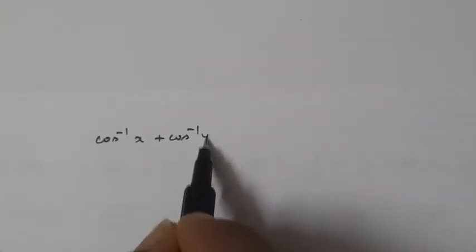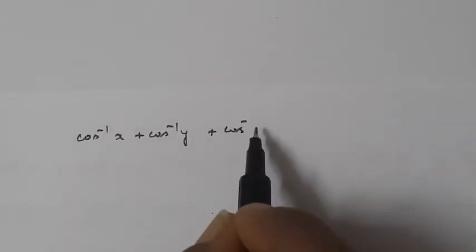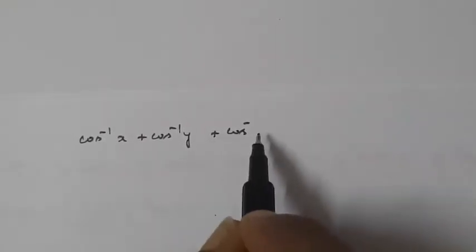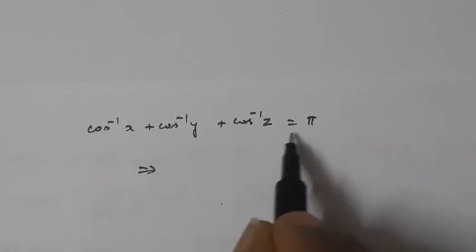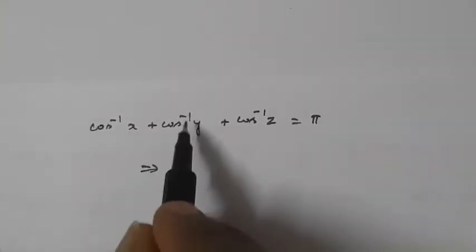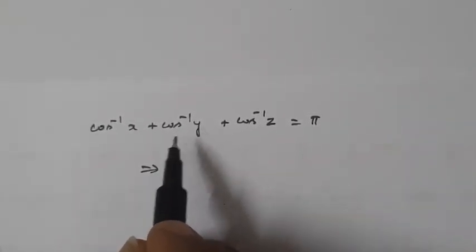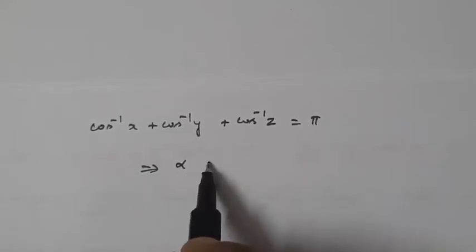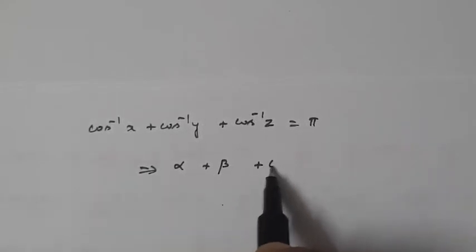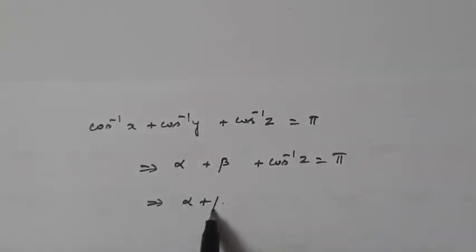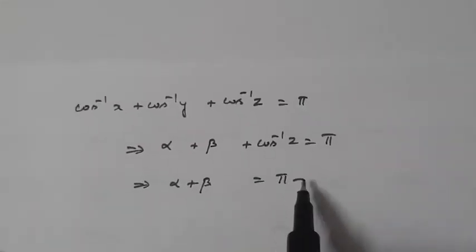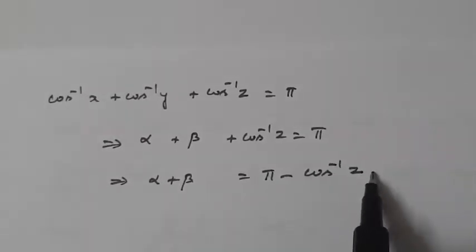Therefore, substituting these in the given condition, cos inverse of x plus cos inverse of y plus cos inverse of z is equal to pi, let us replace cos inverse of x and cos inverse of y by our assumption alpha and beta. So, we have alpha plus beta plus cos inverse of z is equal to pi, which in turn implies alpha plus beta is equal to pi minus cos inverse of z.